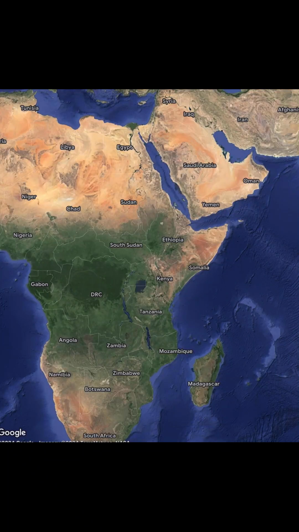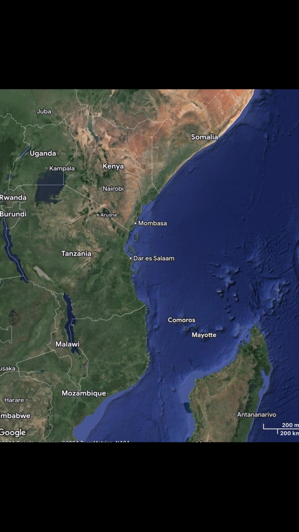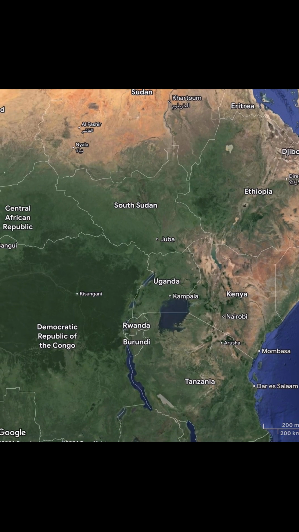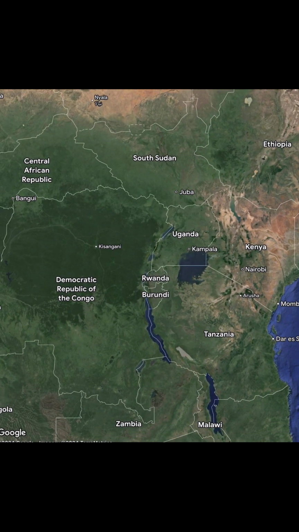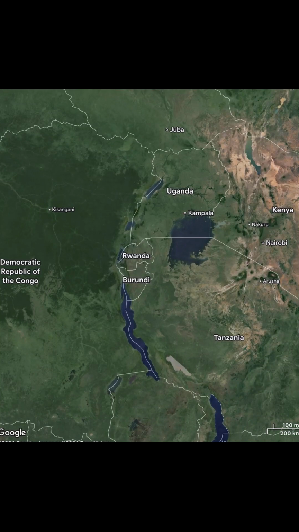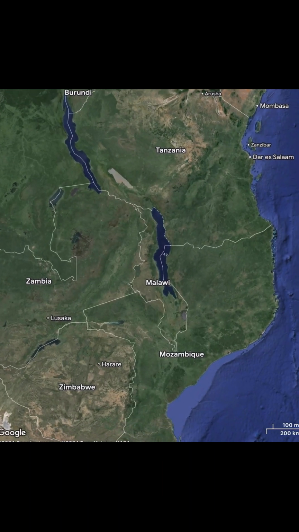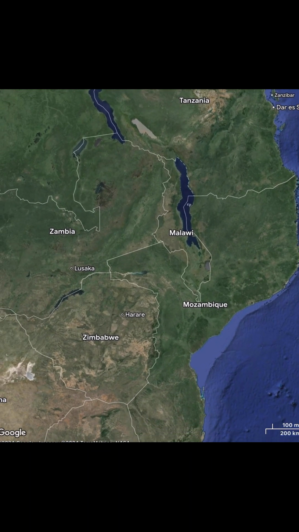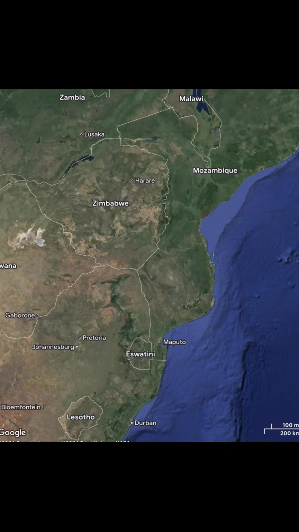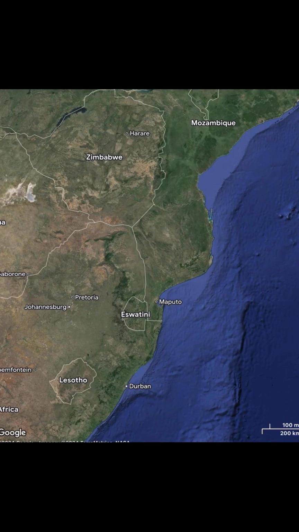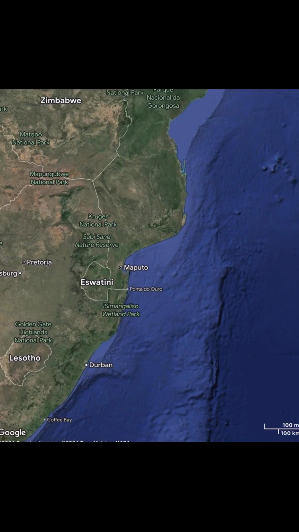Swahili is a language that's widely spoken along the East African coast in countries like Kenya, Tanzania, parts of Somalia, southern parts of Ethiopia, southern parts of Sudan, Uganda, east and central parts of Democratic Republic of Congo, Rwanda, Burundi, parts of Zambia, parts of Malawi, parts of Mozambique, parts of Zimbabwe, and also parts of South Africa, Swaziland, Eswatini, and Lesotho.